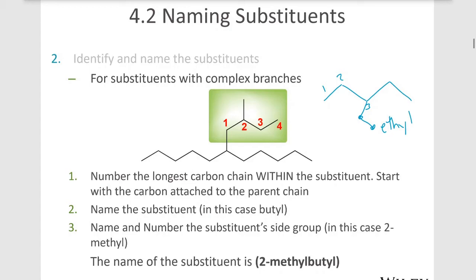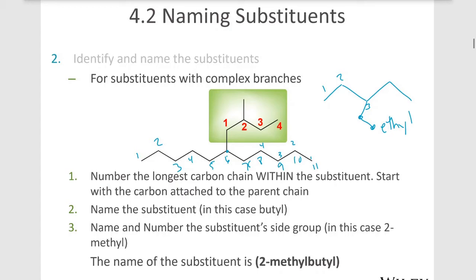So let's kind of start over. So we have our parent chain here. So we have 11 carbons in the parent, that's undecane, and from the left side our substituent is at the 6th carbon. From the right side we have 1, 2, 3, 4, 5, again at the 6th carbon, so it doesn't matter if we go from left to right, we have a substituent at the 6th carbon.